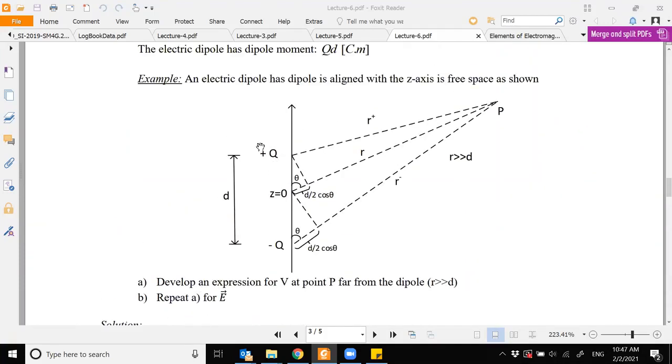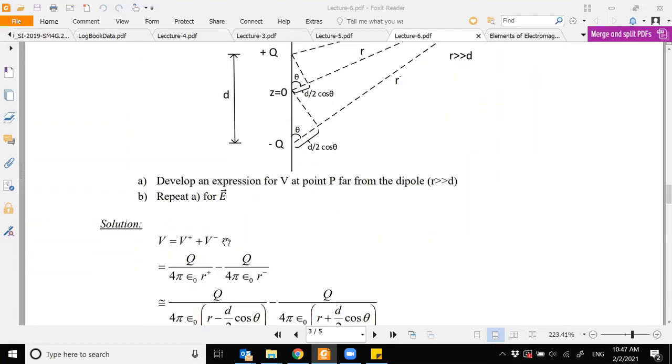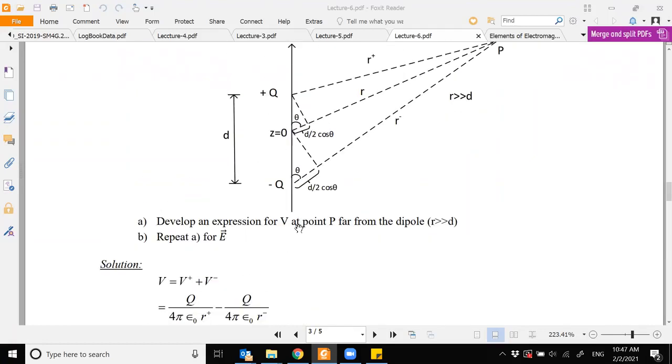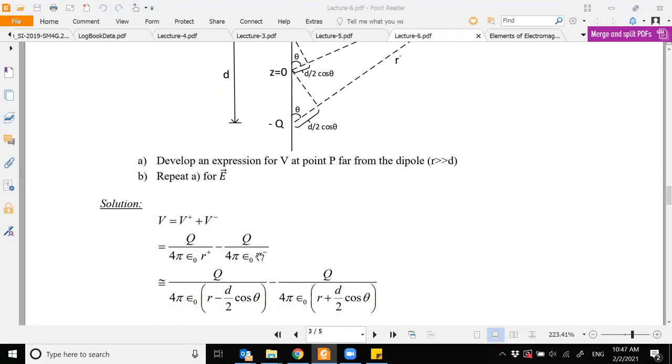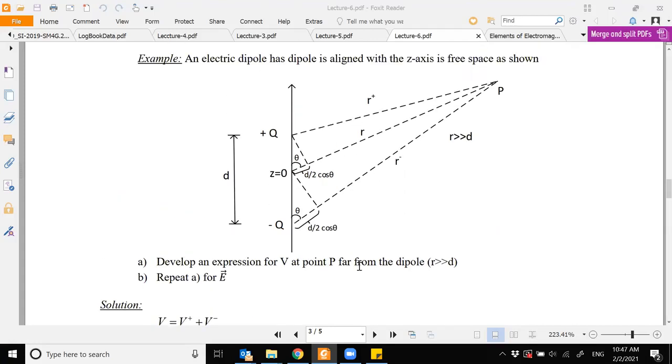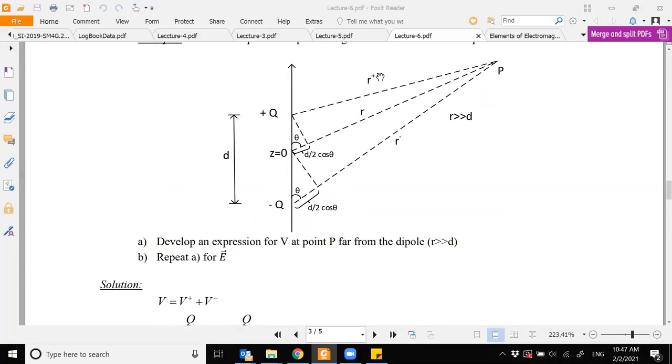And for the negative charge, it is minus Q over 4 pi epsilon naught R minus, where R minus is the distance between my negative charge and my point P. So we are only left with finding R plus and R minus.